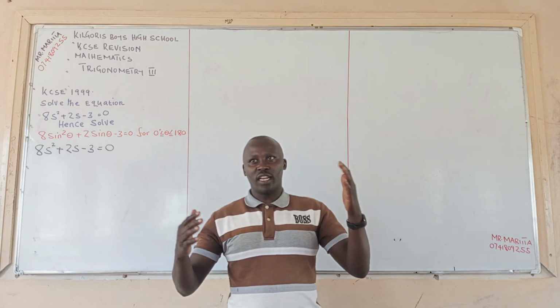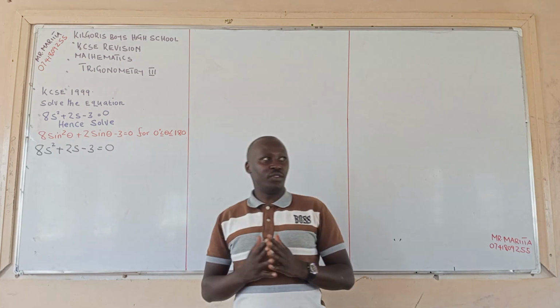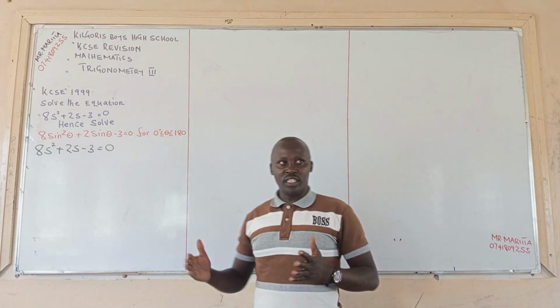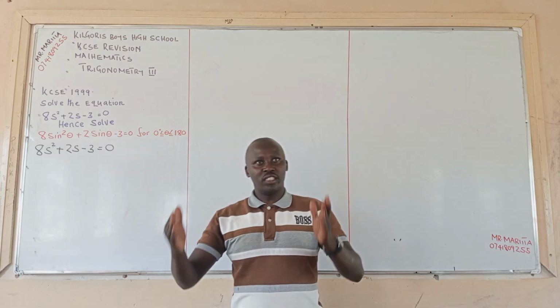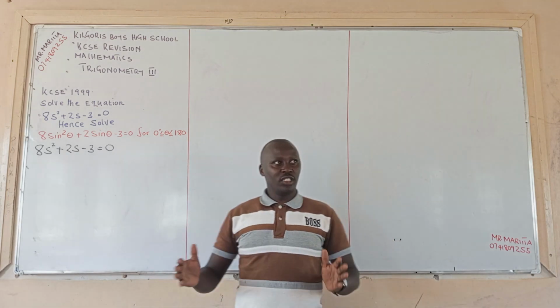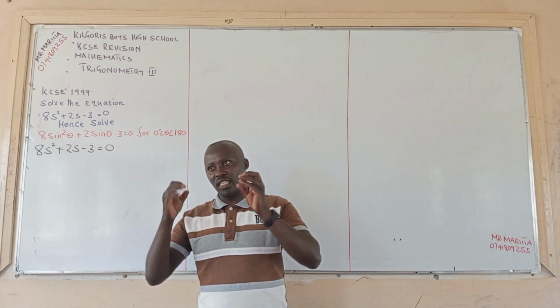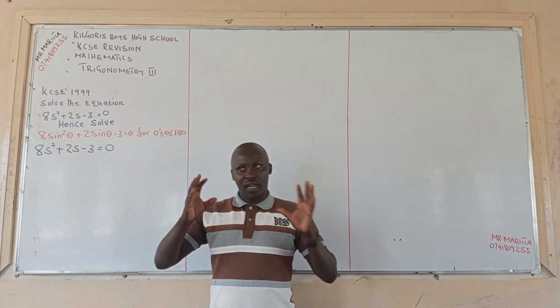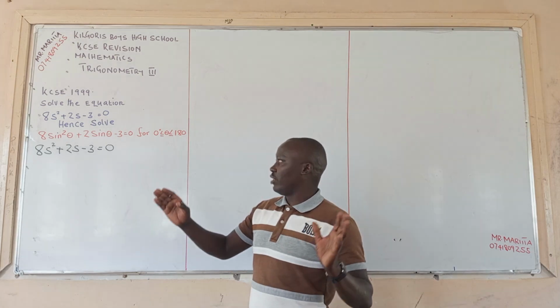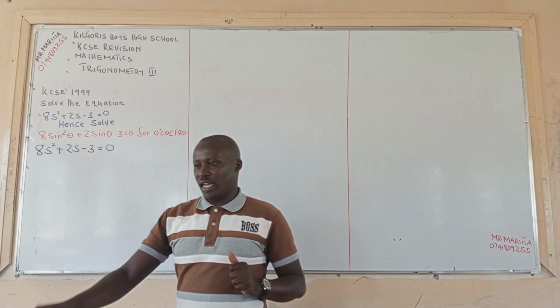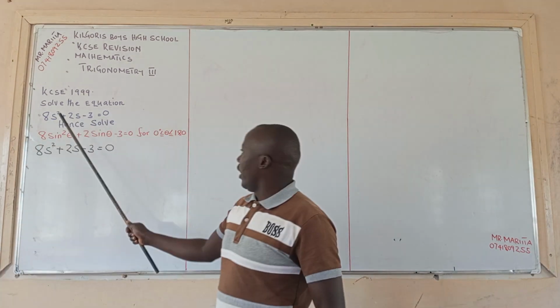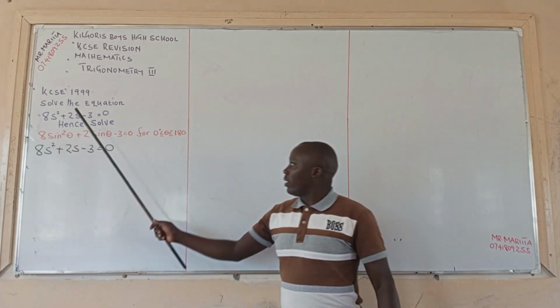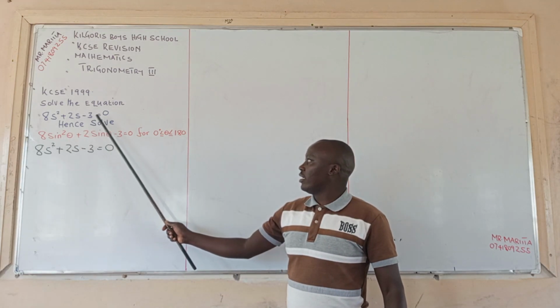Today we are looking at KCSE mathematics revision, and our topic is Trigonometry 3. Our revision today is KCSE 1999, whereby the candidates were given to solve the equation 8s squared plus 2s minus 3.